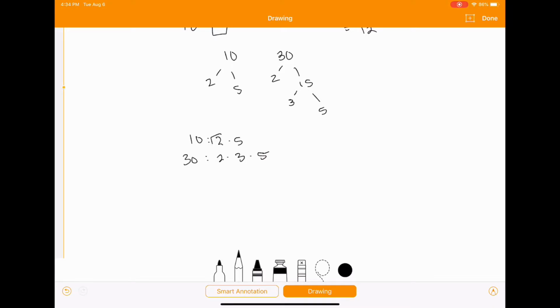Box any pairs. So least common multiple is going to equal anything not boxed, which in this case is just 3, and then times the pairs. So we've got a pair of 2s and a pair of 5s. So from that, you can see that we're going to get 30 as our least common multiple.